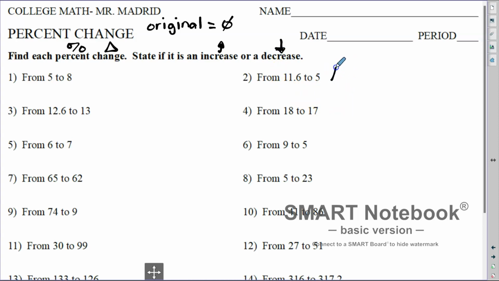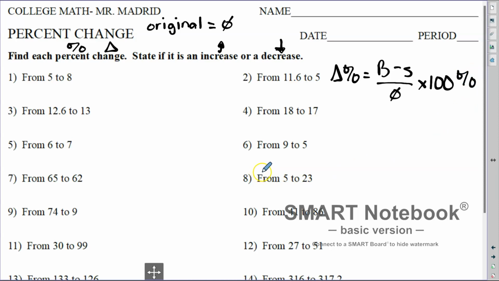Percent change equals the bigger number minus the smaller number over the original value, the one that was given first. Once you have that math done, you're going to multiply by 100, which means you take the decimal and move it over 2 times, and then you put a percent sign.